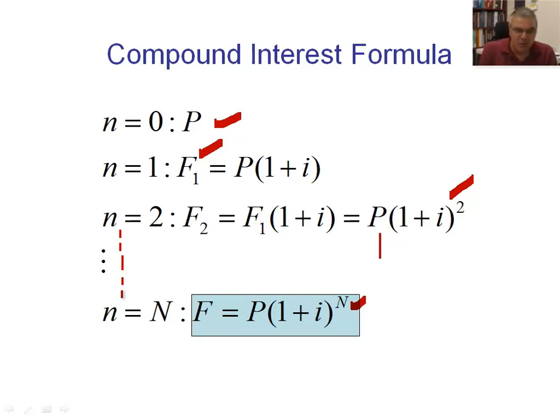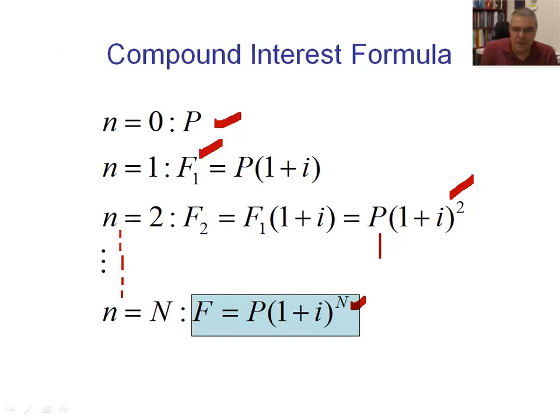So if we follow this formula and carry it down, F would be P times (1 + i) to the power n. Again, this is a very important formula that you need to be fully aware of and know how to work with.